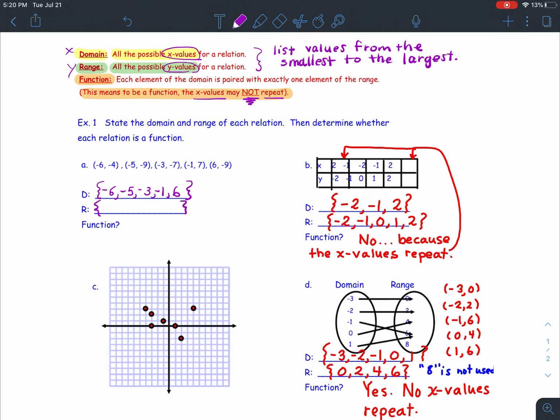If any of either the domain values or the range values would happen to repeat themselves, for example, you'll notice the smallest y value is a -9, but then we also see a -9 over here, you do not need to write the number -9 twice, okay? Because all you're doing when you're listing the domain or the range is you're just saying these are the possible values that could be, in this case, y value since we're doing the range.